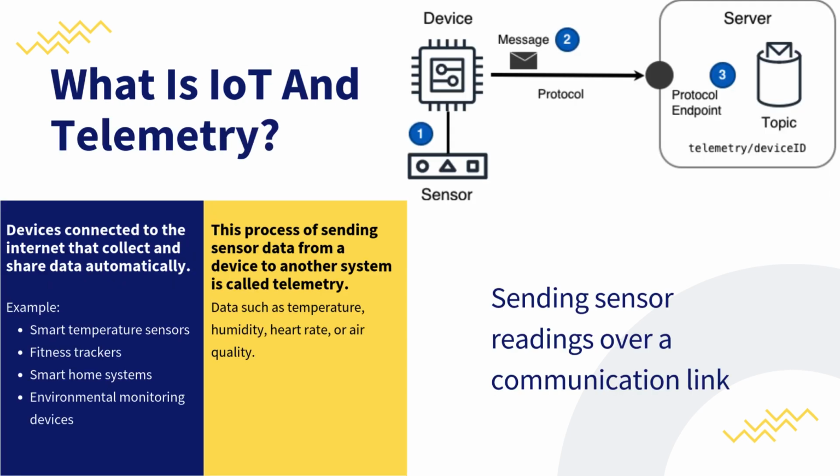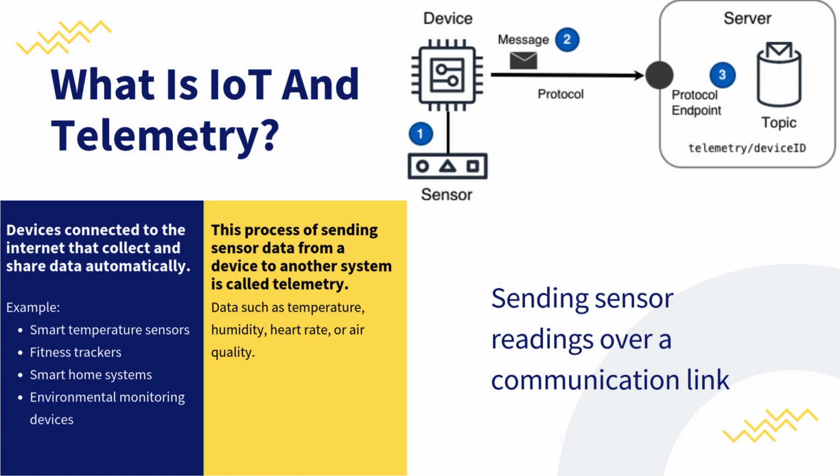What is IoT and telemetry? Let's start with the basics. The Internet of Things, IoT, refers to devices connected to the Internet that collect and share data automatically. Examples of IoT devices include smart temperature sensors, fitness trackers, smart home systems, and environmental monitoring devices.